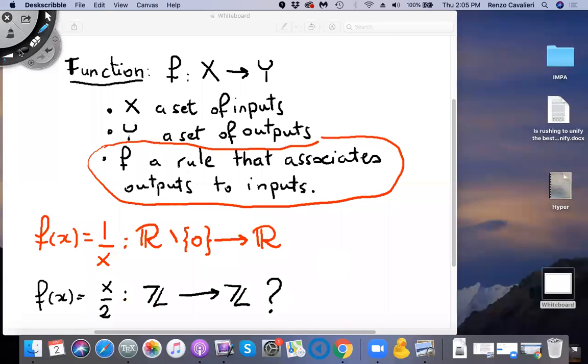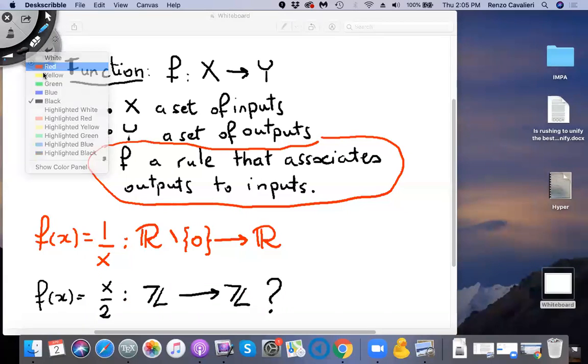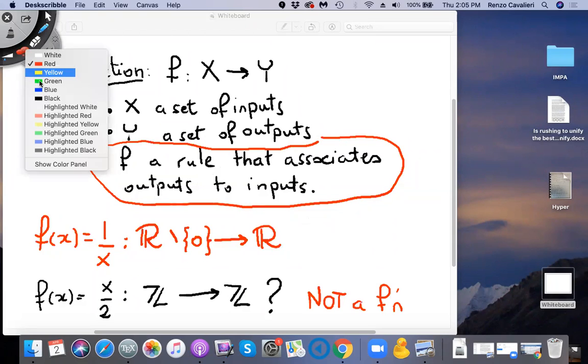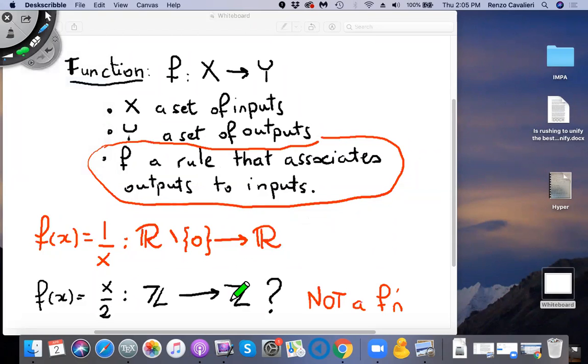Again, the answer is no, because if I take as an input 1, the output is 1/2, which is not an integer. If I want to fix this, I would scratch this and make the output set the rational numbers, and now, yes, this is a function.